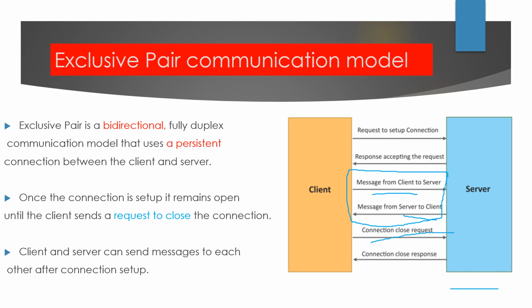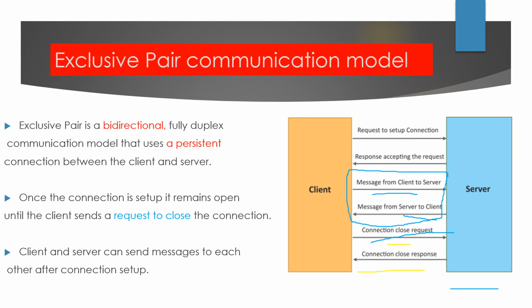So here you can say at the fifth step, a connection close request is sent to the server saying that I want to end the connection with you, and at that time the server will be sending a response saying that yes, the connection will be closed with you. So at that time the connection will be lost between the client and the server, and the communication will end here. So this is our exclusive pair communication model.